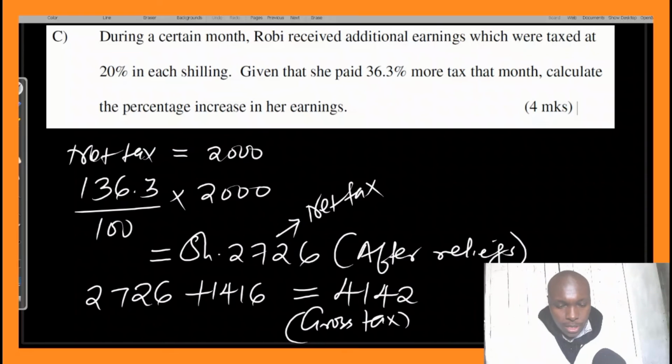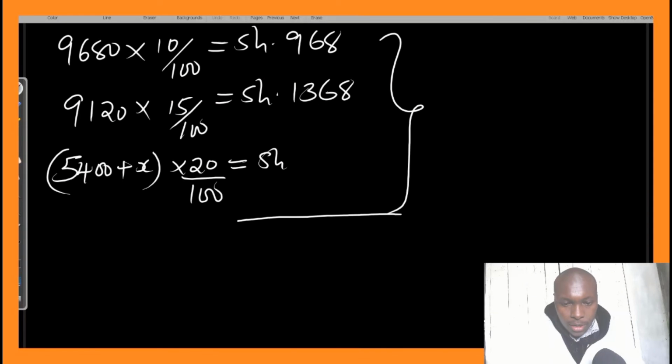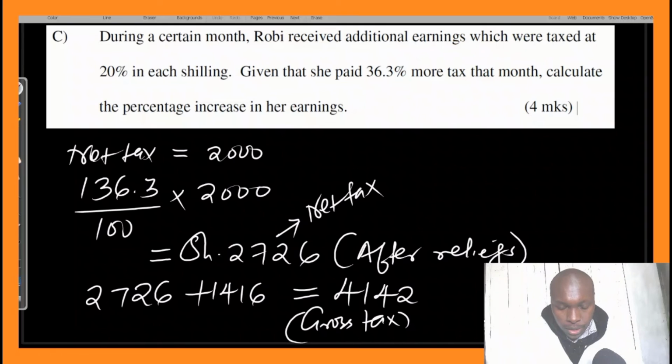We had already calculated the gross tax, so that is what should be here: 4142. The total figure that you should get when you add all these taxes, 968 plus 1368 plus a value here, we should get 4142. That is very important to note.